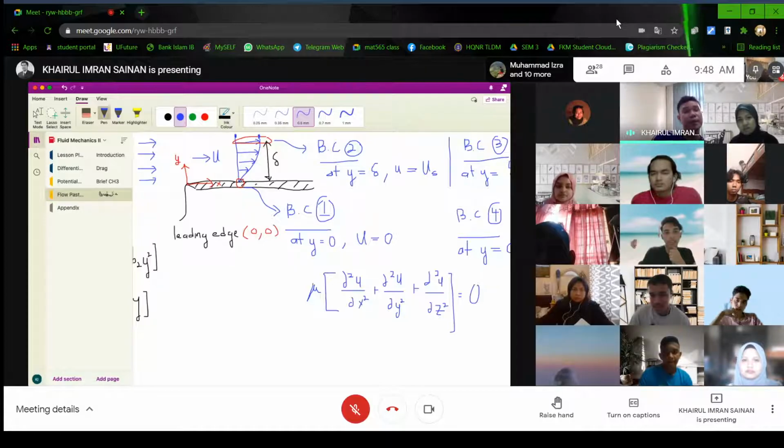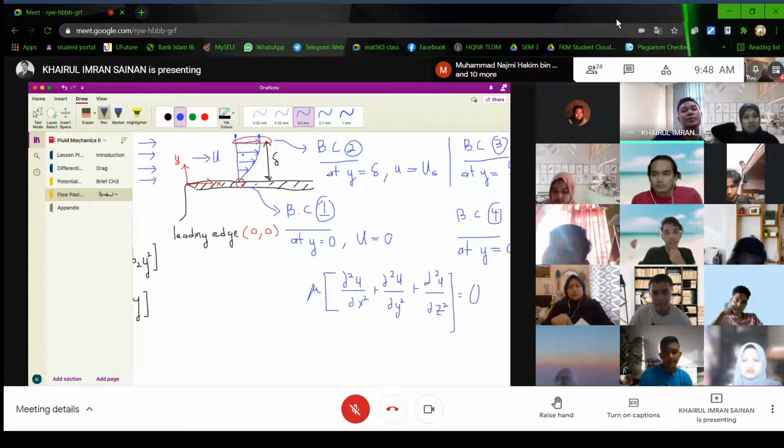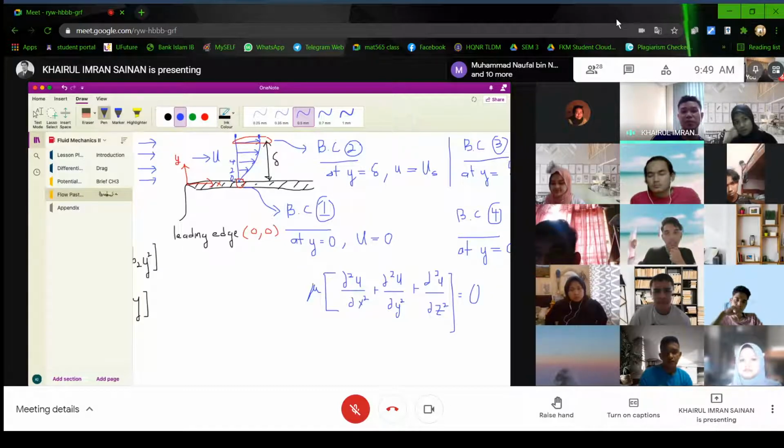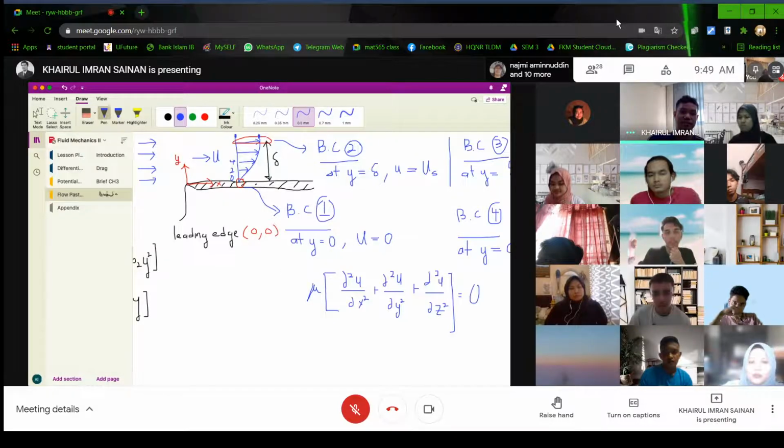Remember back our velocity profile in chapter 1, the arrow represents the magnitude of velocity. So we have 0, and then 2, and then 4, and so on. This is the change of velocity: 0, 2, 4, changing in what direction? Y. Yes. Clear, Nazrin? Clear, sir.